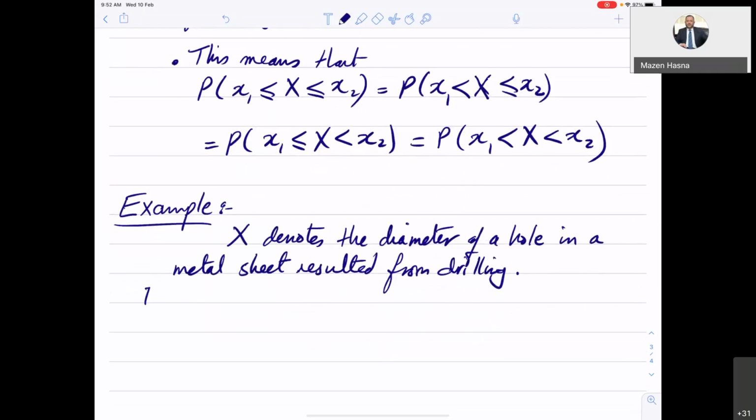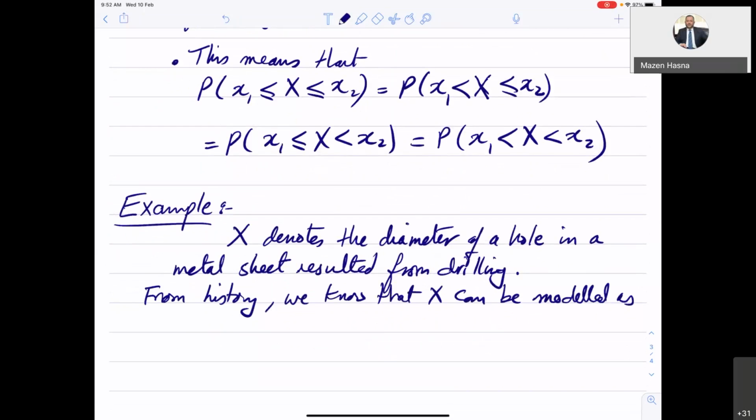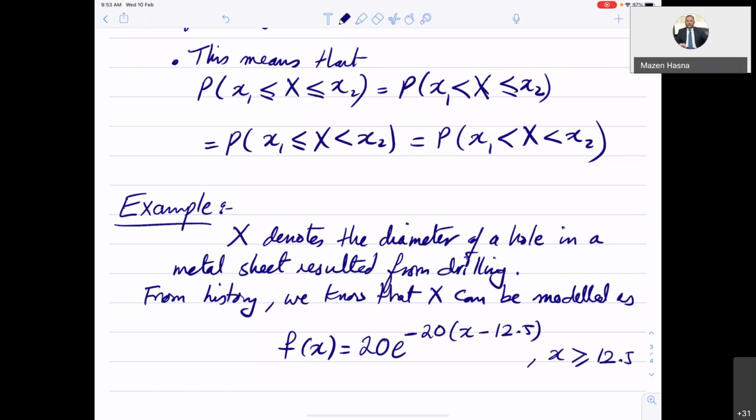So as we know from history, X can be modeled as a random variable where f of x is 20 e to the minus 20 times (x minus 12.5), for x greater than or equal to 12.5.